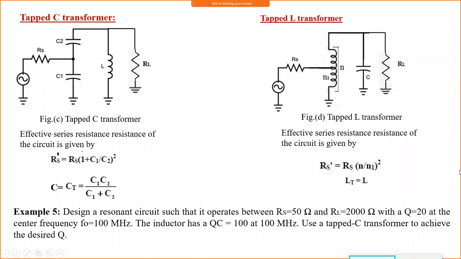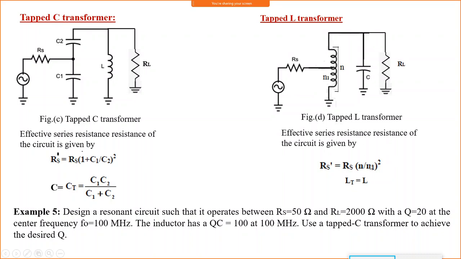So what we have to do is increase it. Because RS is sometimes a source resistance, you may not change this RS, but you can change the effective source resistance. For the resonator circuit, it feels like its resistance is equal to RS dash instead of RS. If you do like this, what happens? The circuit feels like there is a resistance of RS dash instead of RS.